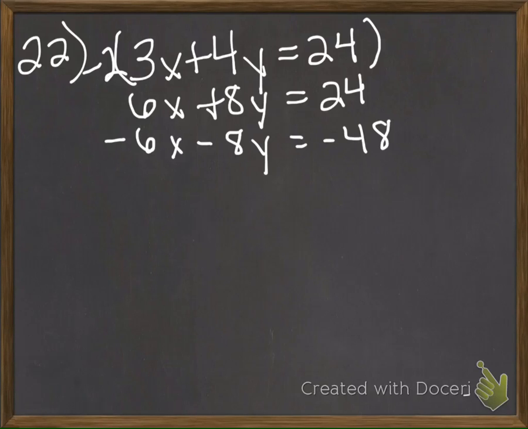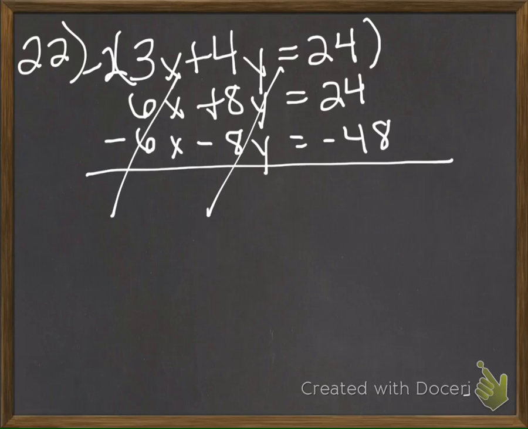Okay, so what can you notice about your two equations? If you subtract 6x from 6x, they're gone. If you subtract 8y from 8y, it's gone. So what do you have left on your left side? A 0. Okay? Now 24 minus 48, what does that leave you with on your right side? -24.